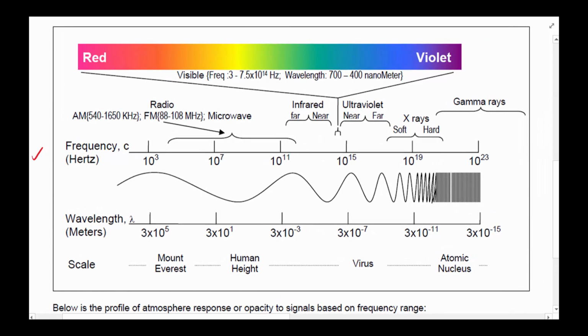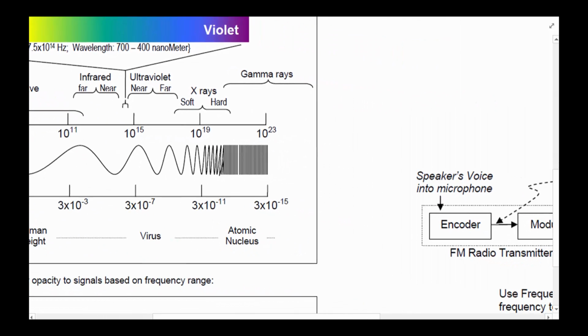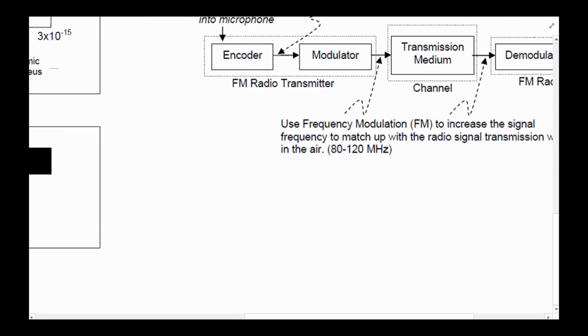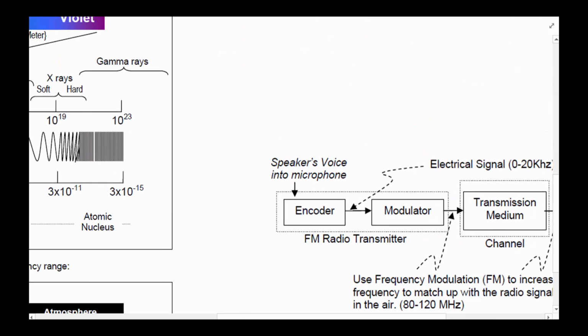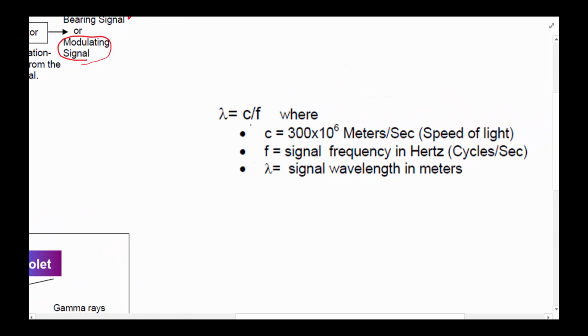Now, wavelength, just FYI, is just the speed of light divided by the frequency of your signal. The speed of light is 300 million meters per second, and whatever frequency you have, the result is lambda.